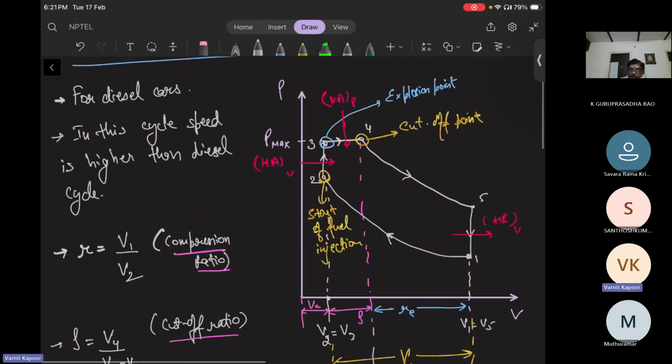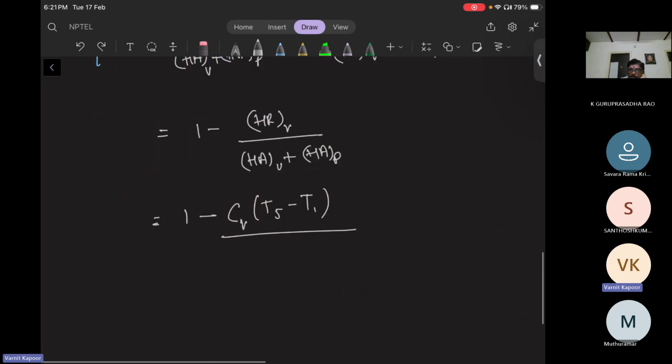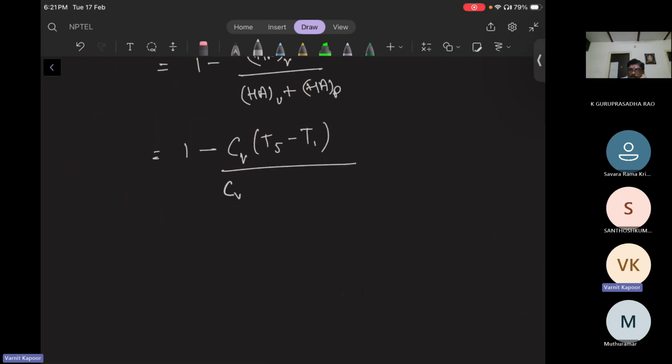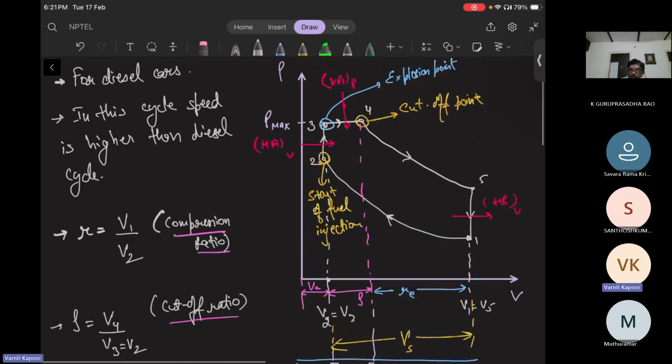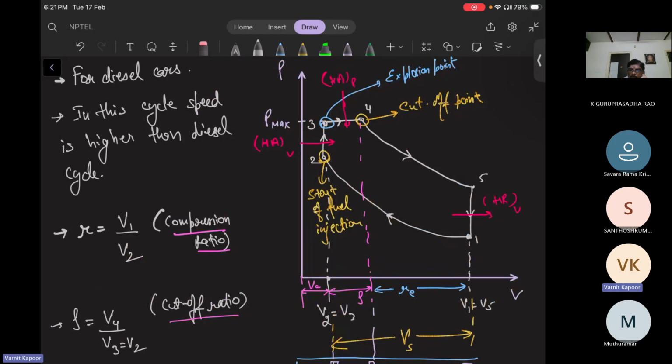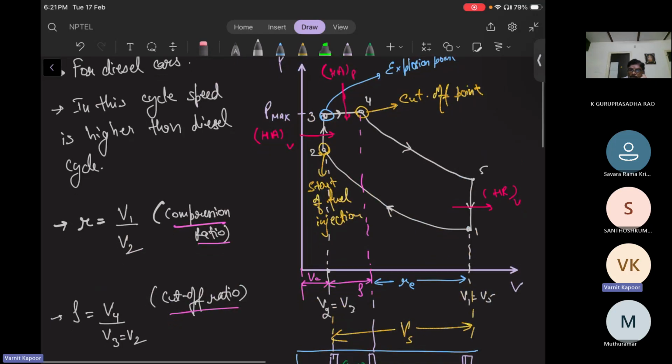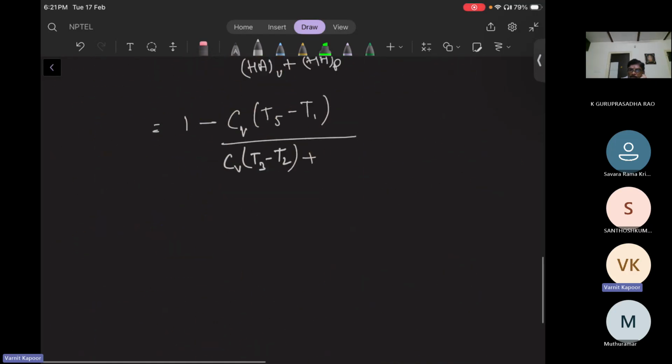Heat addition at constant volume, from point 2 to 3, is again a constant volume process, so Cv times (T3 minus T2), plus heat has been added from 3 to 4 at constant pressure, so Cp, specific heat at constant pressure, times (T4 minus T3).